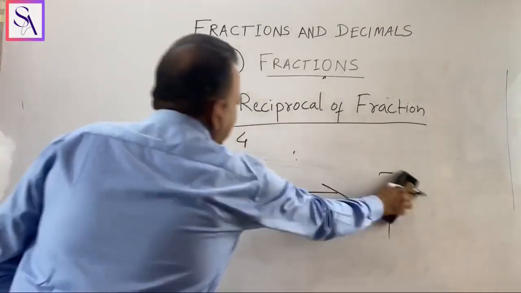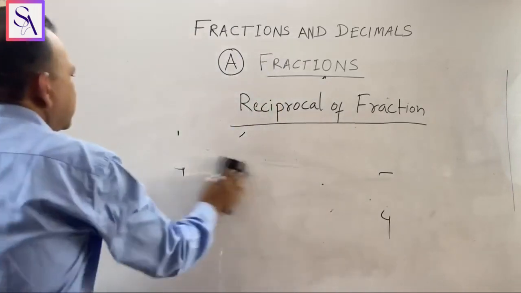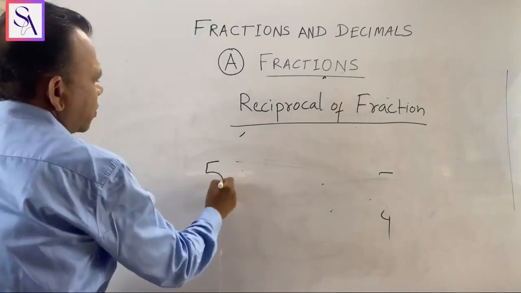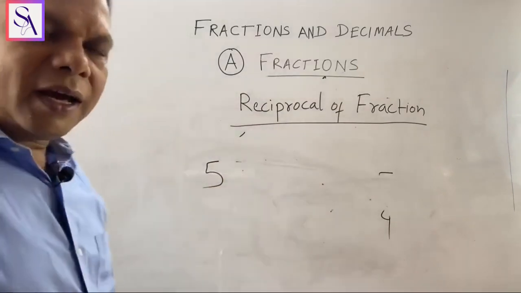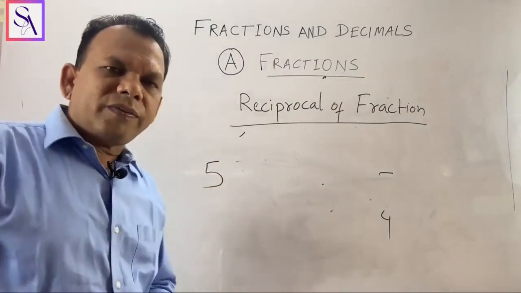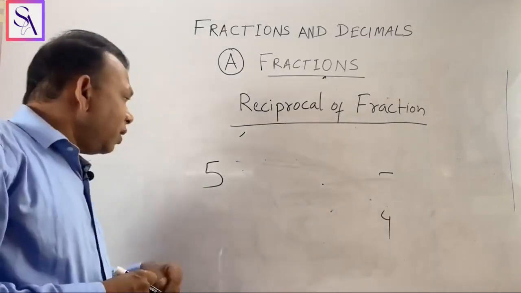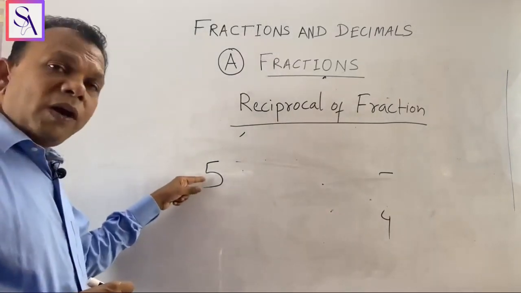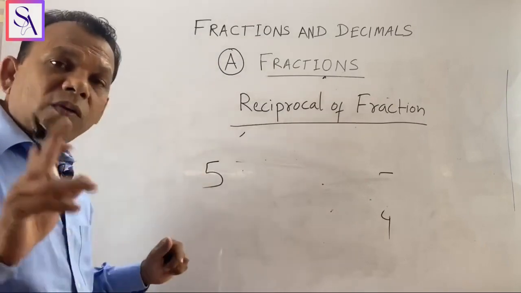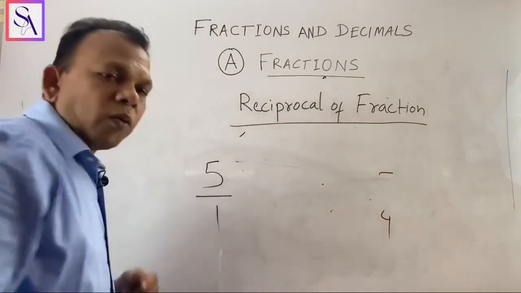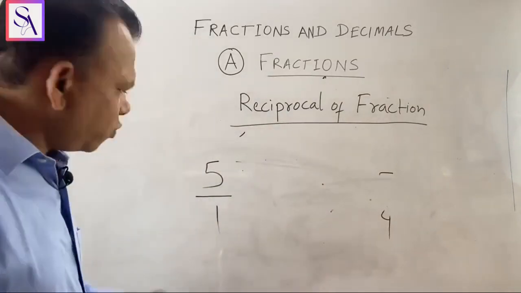Now take another example. Suppose 5 is a whole number and you want to find the reciprocal of this 5. How will you find it? As I told you, any whole number has denominator 1. That is invisible. So 5 has denominator 1, which was invisible, so I am writing it now.